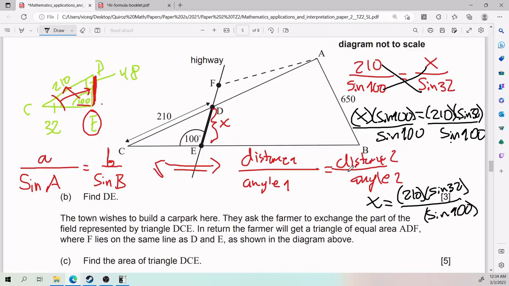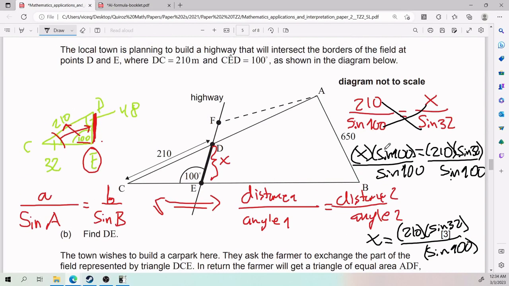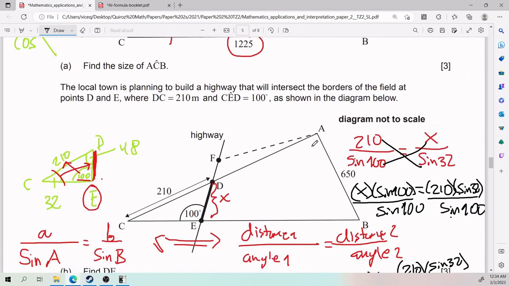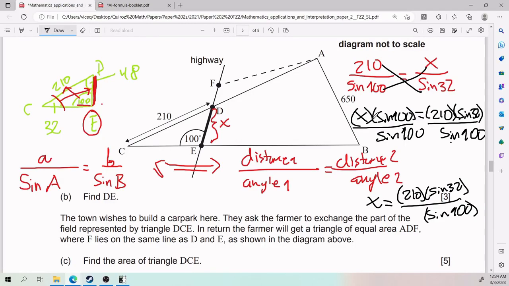Awesome. I'm going to take one moment here and just point out why we don't use sine inverse here. The reason you don't use sine inverse is because sine inverse is only if you want to get the thing that's inside. So earlier we used cosine inverse because we were looking for the angle that's inside. See? In this case, X is just being multiplied by sine 100.